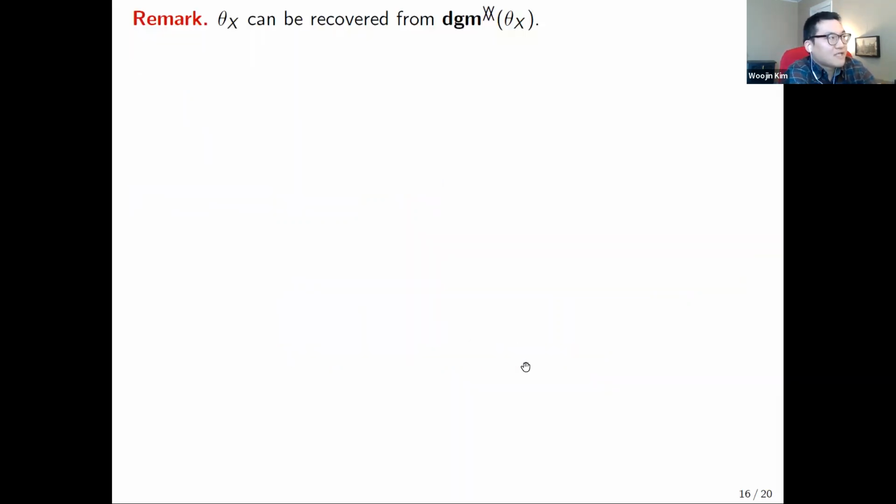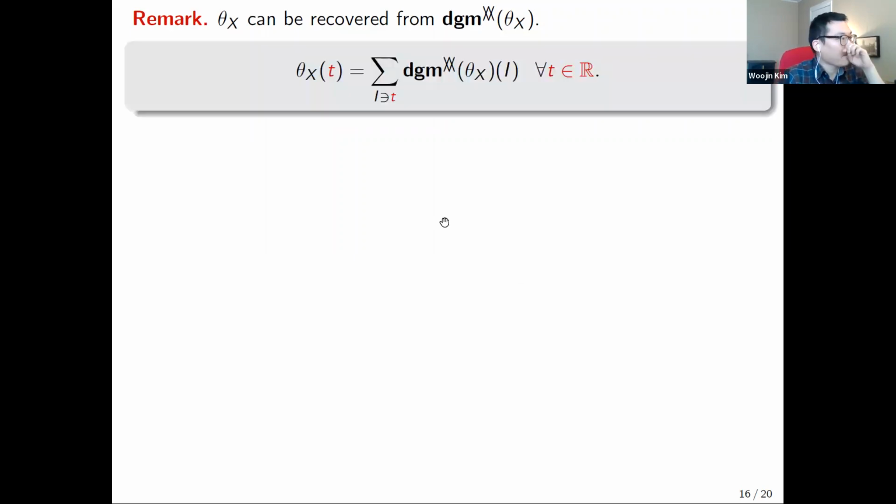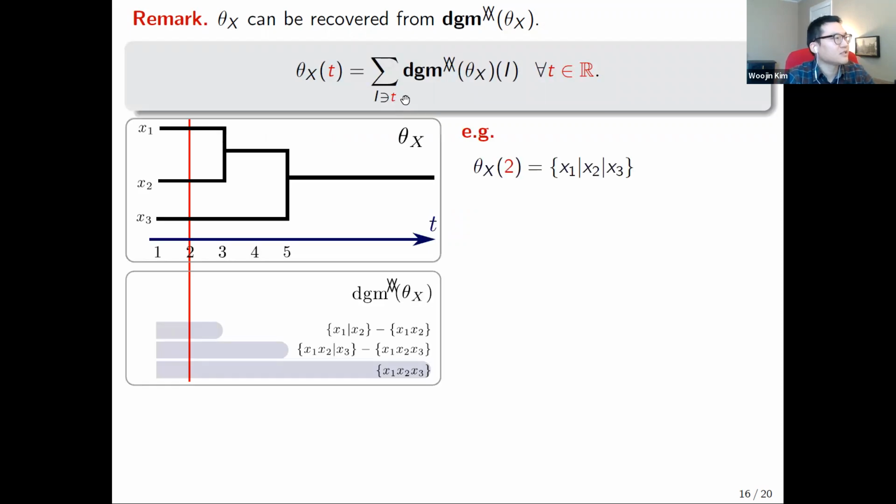I mentioned before that the formigram can be recovered from the persistence clustergram. Here is the proposition: at time t, we can compute the formigram value by adding the diagram values corresponding to intervals which contain the time t. Here is an example. We have a dendrogram, which is a specific case of a formigram. At time t, we have the 3-block partition written here.